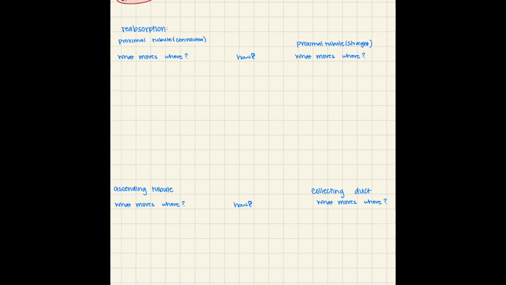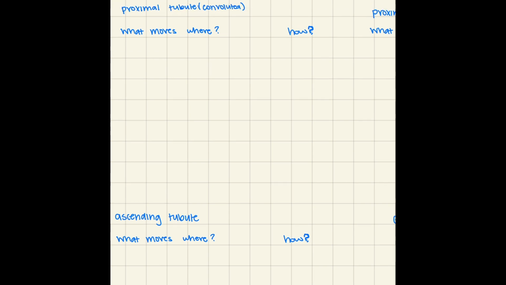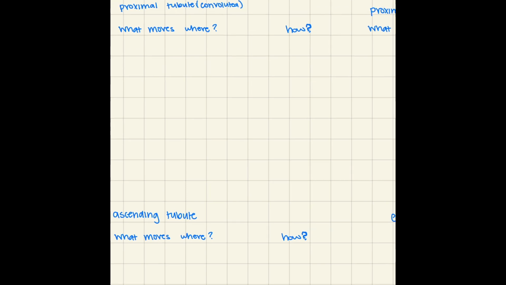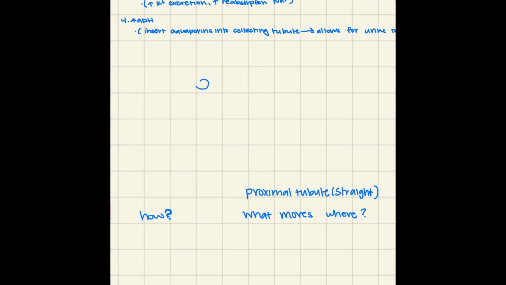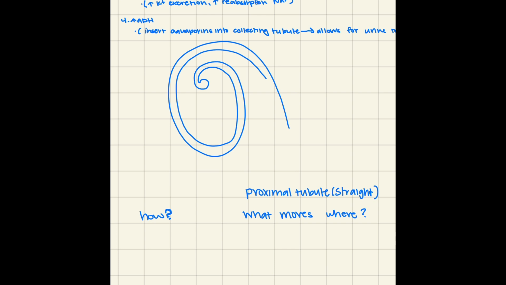Okay, so I'm going to do reabsorption probably a little bit unconventionally because I hate drawing the kidney cells. So I'm going to start with the proximal tubule and then just kind of go around. So if we have our nephron like this, this is our proximal convoluted tubule and our proximal straight tubule, then our descending tubule, then our loop, then our ascending tubule, then our distal tubule, and then our collecting duct is somewhere in here.